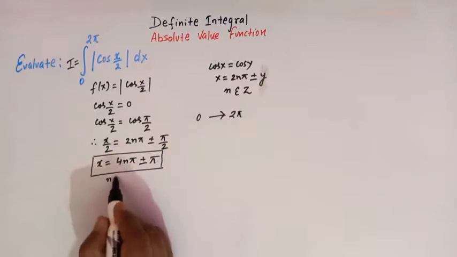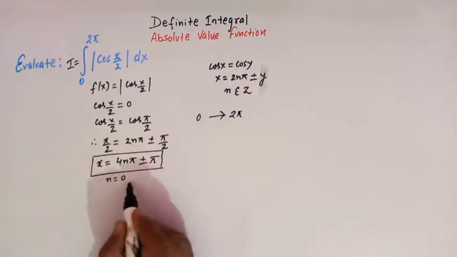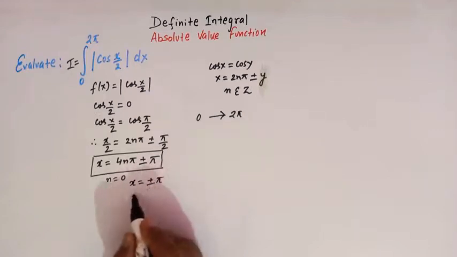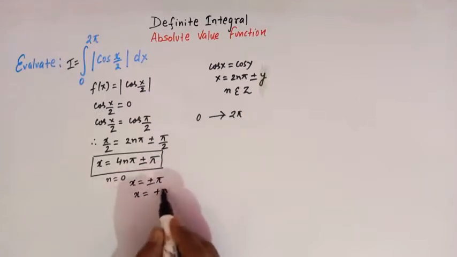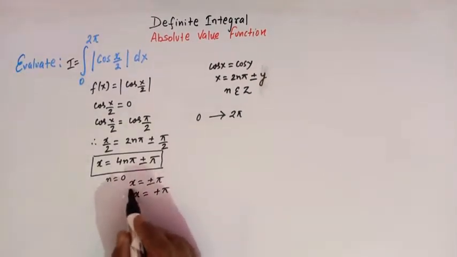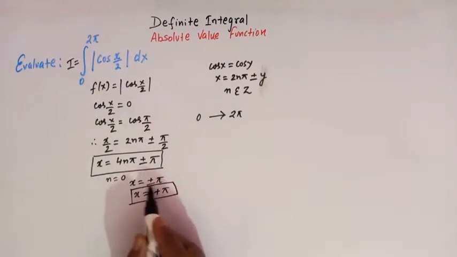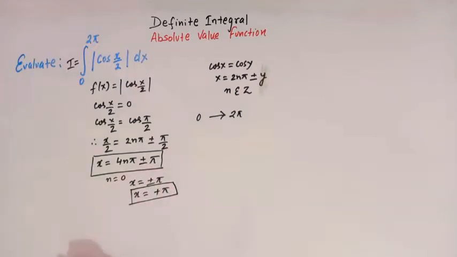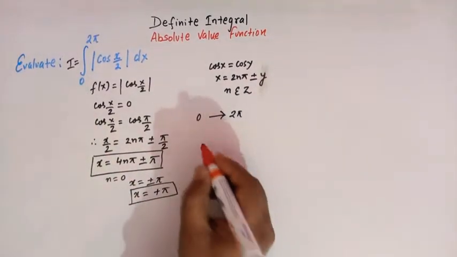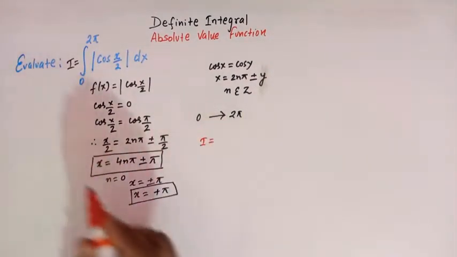If we have n is equal to 0, then we have x is equal to plus minus pi, and here we'll accept only plus pi. We will take only x is equal to plus pi and will not consider x is equal to minus pi. So pi lies between 0 and 2 pi, hence we'll now break this integral I as a sum of two integrals.